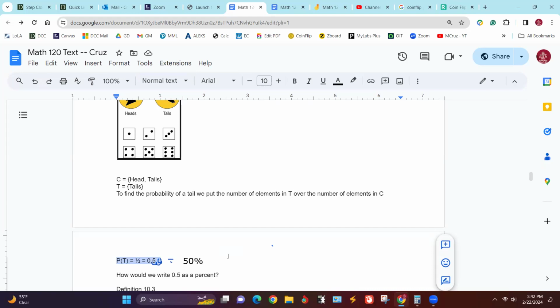So we got to make sure we understand how this works about going back and forth. And then to get a fraction into a decimal, you divide numerator by denominator. All right. So those are just the basic little things that we kind of need to know for the 120 thing.